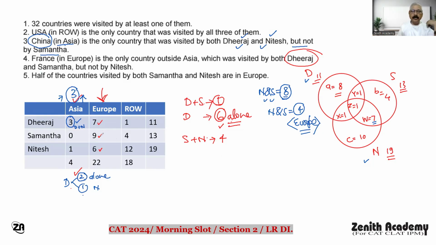What about the rest of the five? One country is with Dheeraj. One plus four, five. It means Samantha will visit four countries alone. Is it okay? Four countries alone, four countries with Nitesh, and one country with Dheeraj. So it's 4, 4, 8, 1, 9.